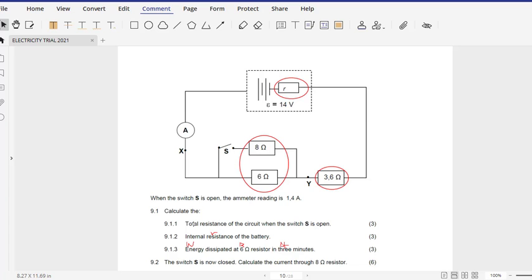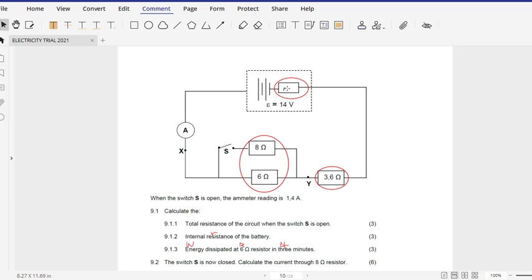The question says calculate the total resistance, which means you have to find the total of this 6 ohm, the 3.6 ohm, and then the internal resistance, because these are the working resistors which are on the path of the current with the switch open. Unfortunately, we cannot simply add the three because the internal resistance is not known.